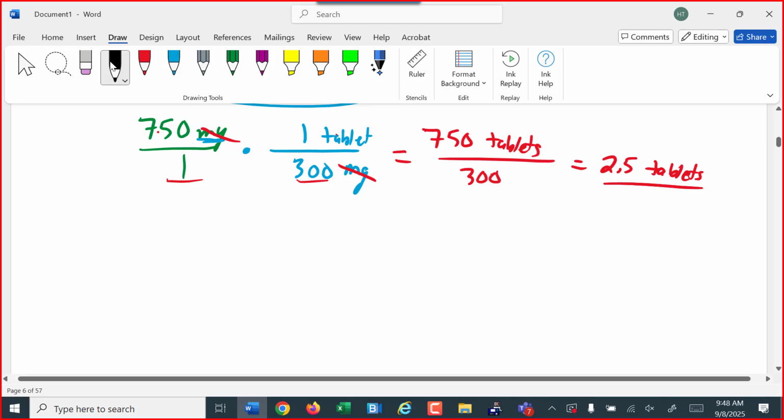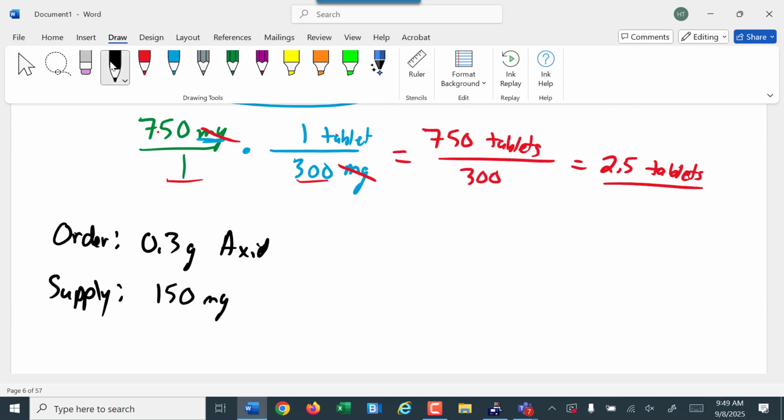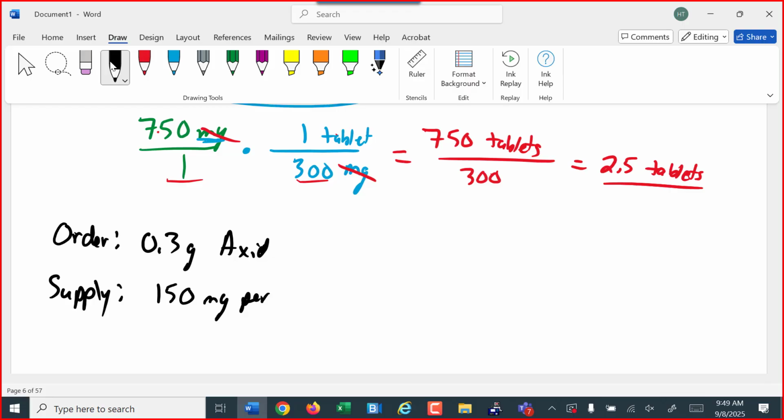If I have an order for 0.3 grams of Axid, and so my supply here is listed as, again, capsules, 150 milligrams per capsule.